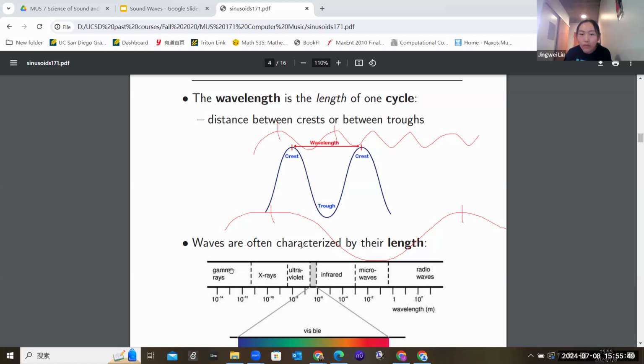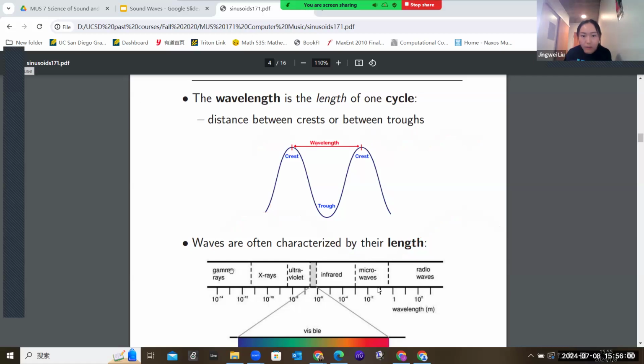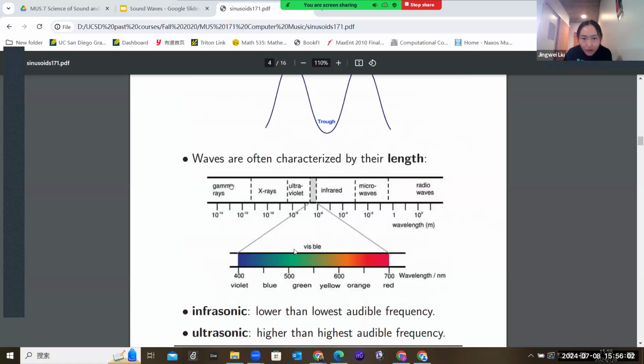So different waves are characterized by different lengths, and for our visual system, this very narrow range is the frequencies that we can see. The wavelengths between 400 and 700 nanometers are the visible wavelengths we can see, in different colors. This is where color comes from.